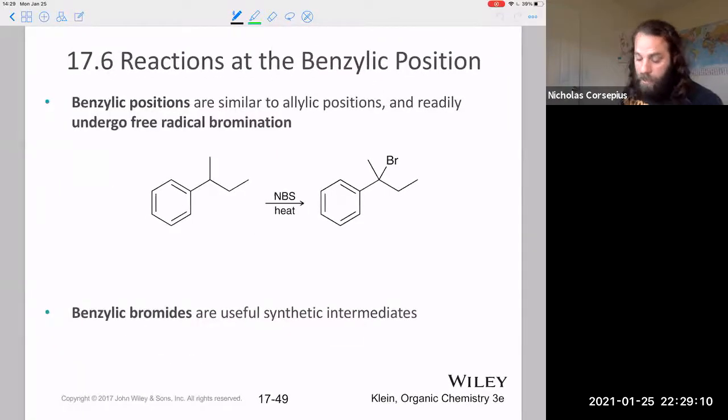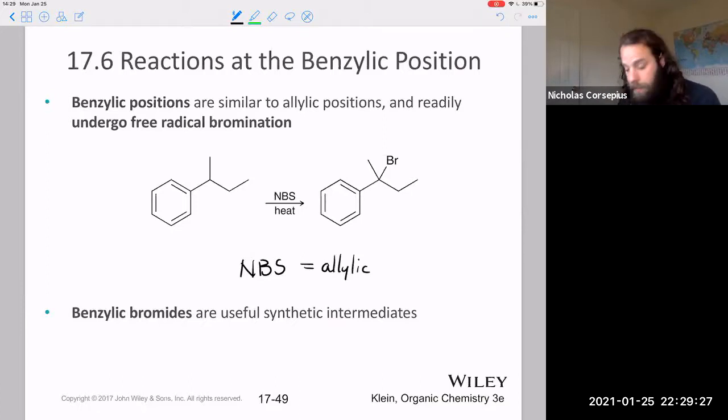Okay, talking about another reaction now. So that's the oxidation of the benzylic carbon. NBS, remember we learned about this at the very end of last semester, and I told you that when you think NBS, you think allylic, right? Because that's what NBS does for us.